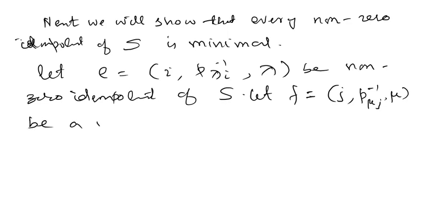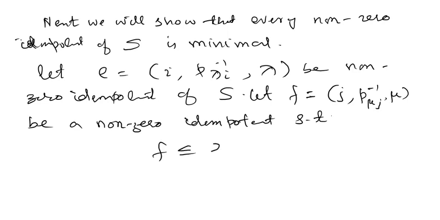Let F be a non-zero idempotent such that F is less or equal to E. तो अभी प्रूव करा कोई भी F ऐसा एग्जिस्ट नहीं हो रहा. Suppose there is such F less or equal to E, we will show that F is equal to E.